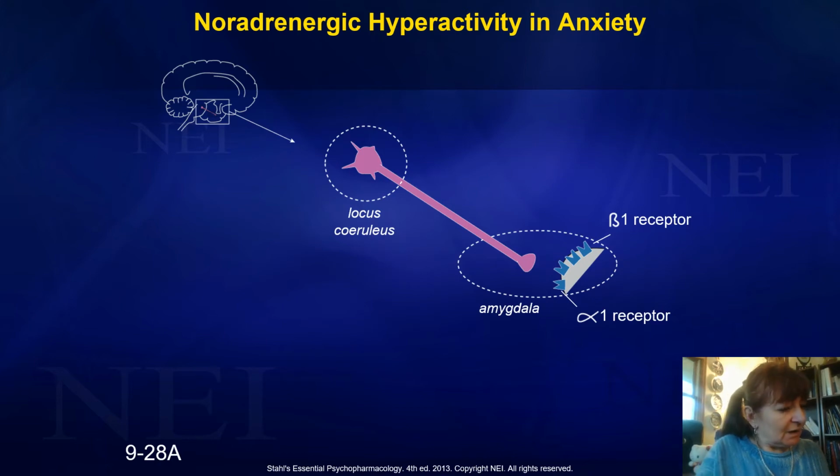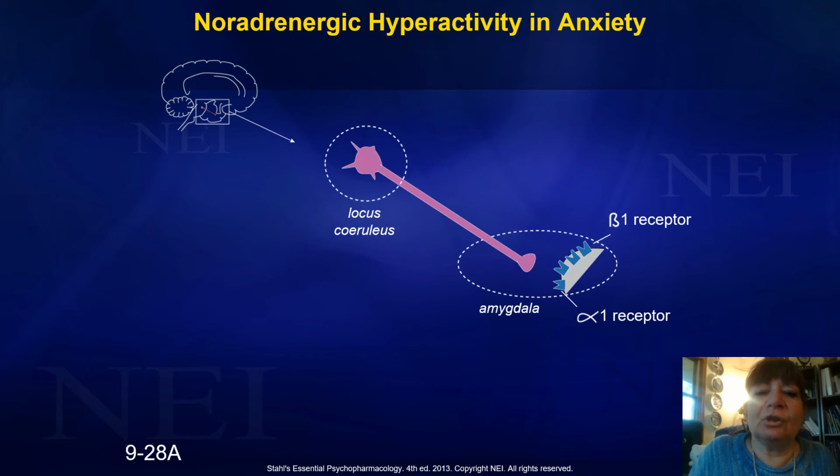Okay. It's also thought that there is noradrenergic hyperactivity when there is anxiety or fear. And so norepinephrine provides input not only to the amygdala, but to all the regions to which the amygdala projects. So it does play an important role in the fear response.